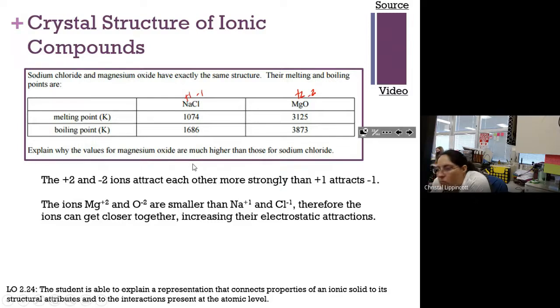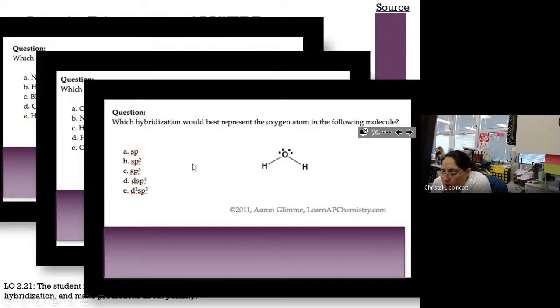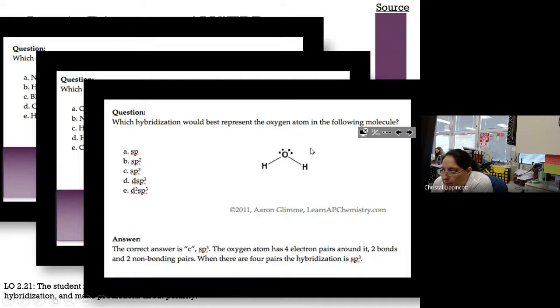All right, here we are at hybrid orbitals. Remember, the way you figure out hybrid orbitals is you look for pi bonds. So for this, are there any pi bonds in here? No. So it's sp3. Now, why is it sp3?